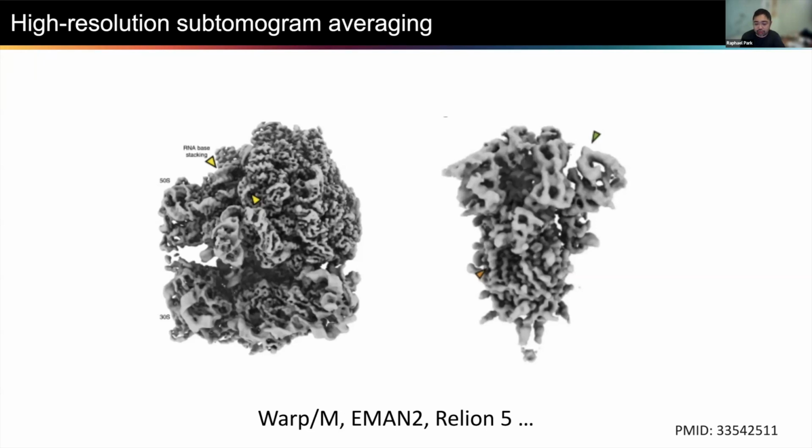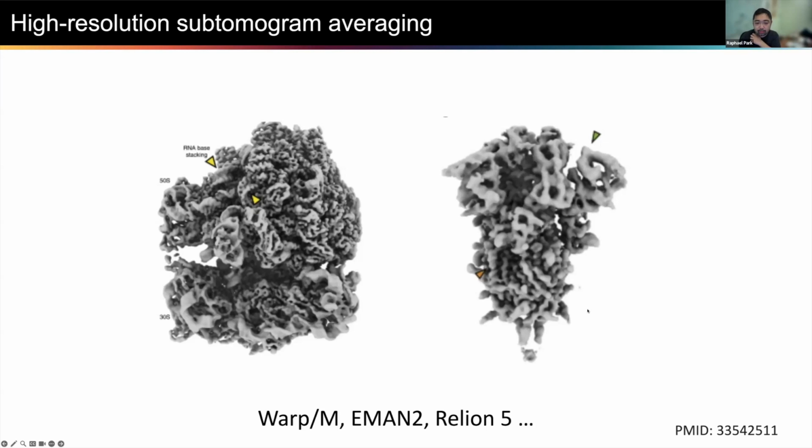Most of the high resolution examples we have in the literature come from particles that are usually abundant in a sample, such as ribosome, and in the case of virus, the spike protein from SARS-CoV-2.